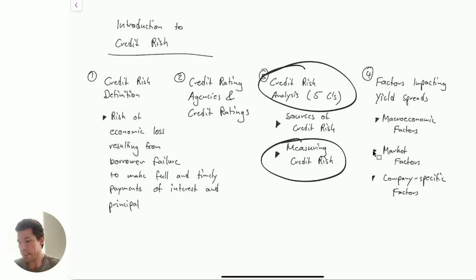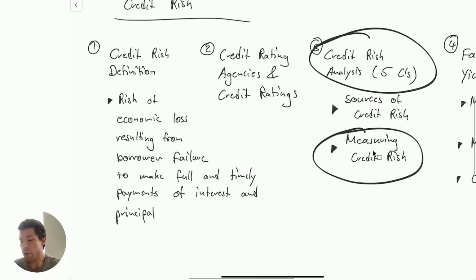Credit risk is the risk of economic loss resulting from borrower failure to make full and timely payments of interest and principal. Usually the mathematical formula for credit risk is the probability of default.